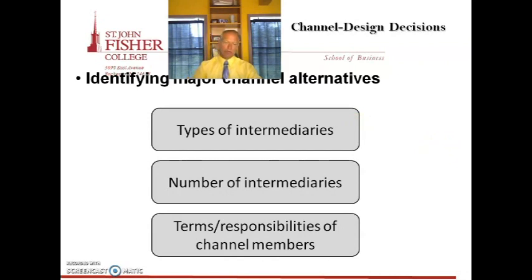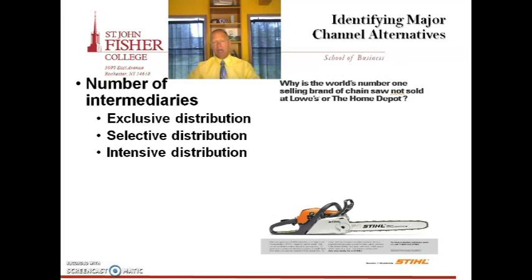It also depends on who you're going to sell it to and who your target market is. The number of intermediaries, the only reason I'm going to go over this is because it's very important. Exclusive distribution means you have one distributor in a region.